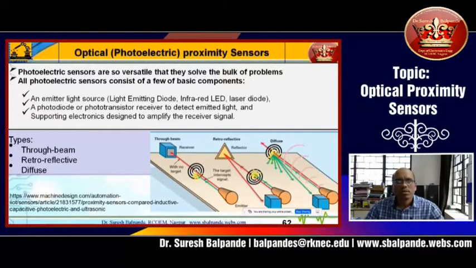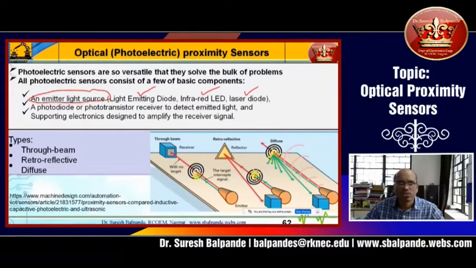In the case of the optical proximity sensor, we have these basic components. First, the light source, and typically we use an infrared LED or a laser diode. These are the probable options for the light emitter.